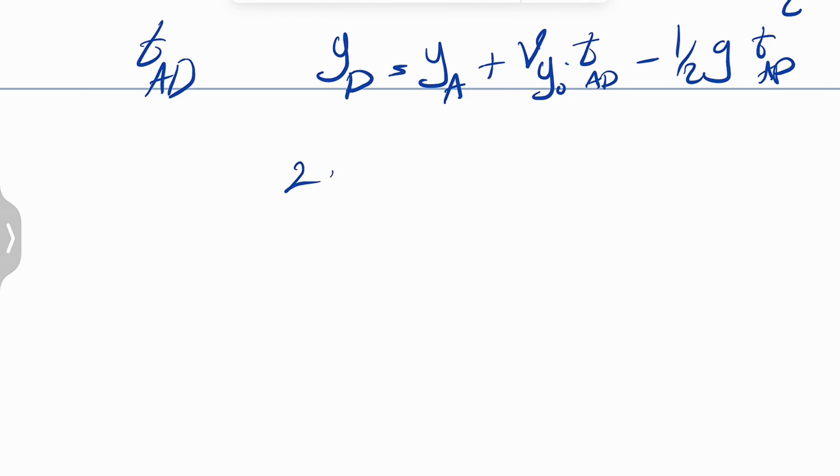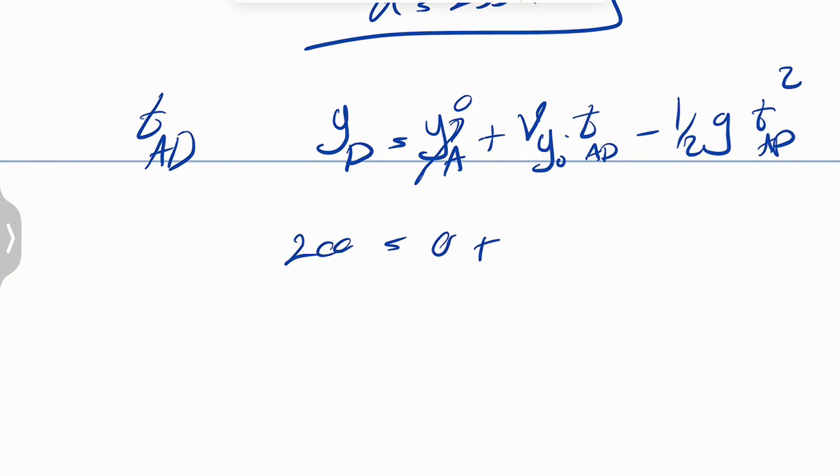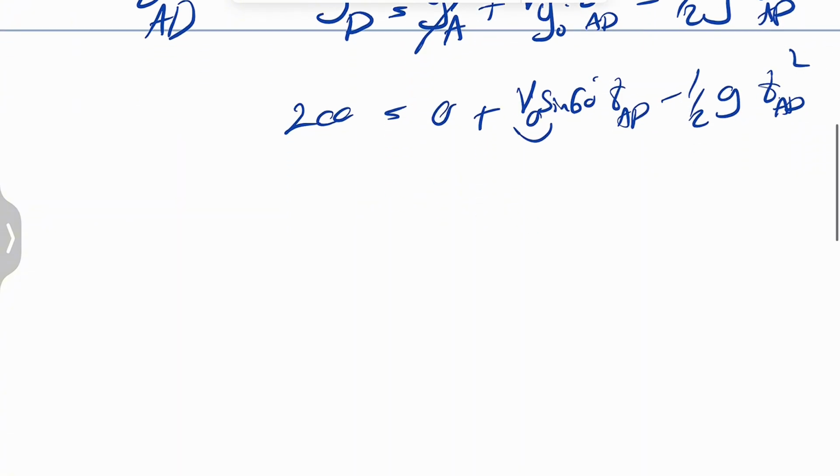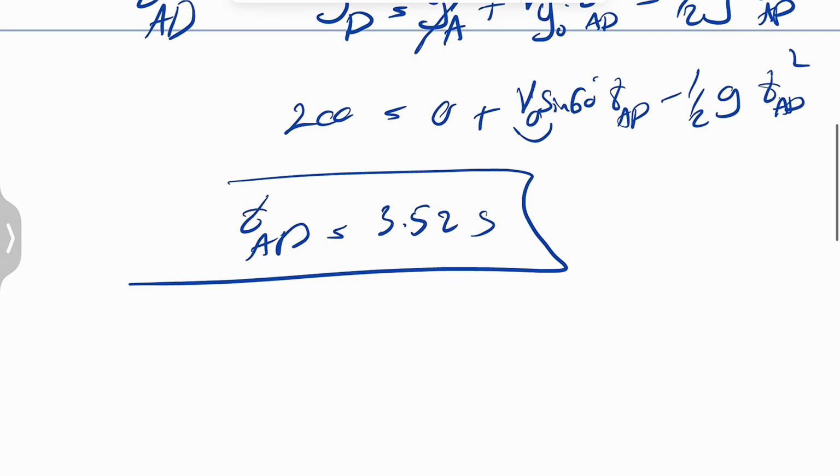The yd would be 200, the y0 is going to be 0, and vy0 is v0 sine of 60 degrees. We know what v0 is. Another quadratic equation, and I'm not going to solve it, you just have to use the quadratic formula to find t. The TAD that we're going to get from here is 3.52 seconds.